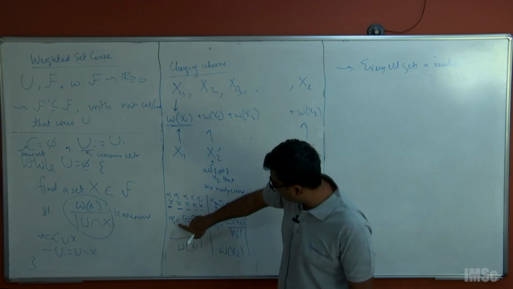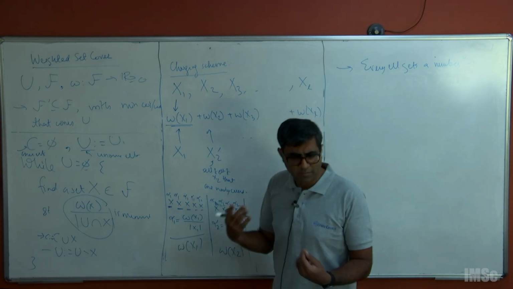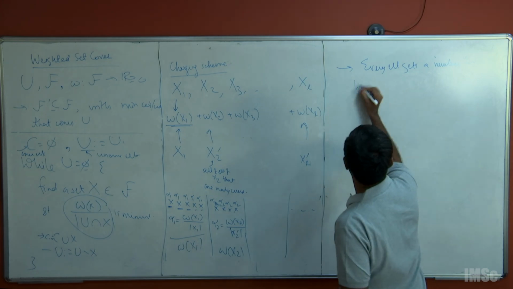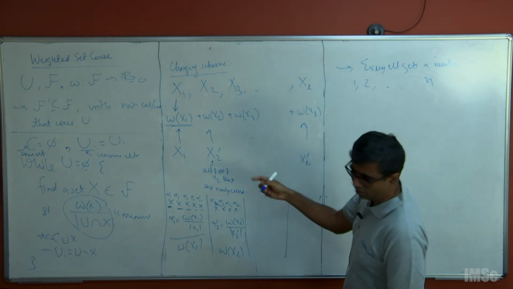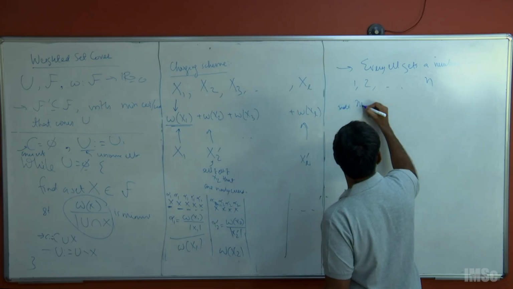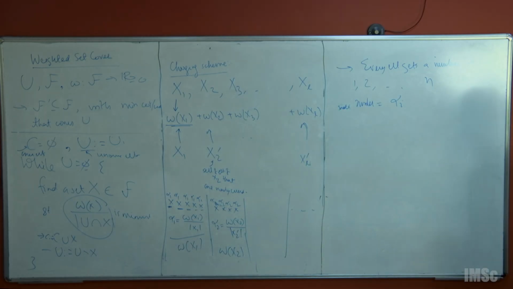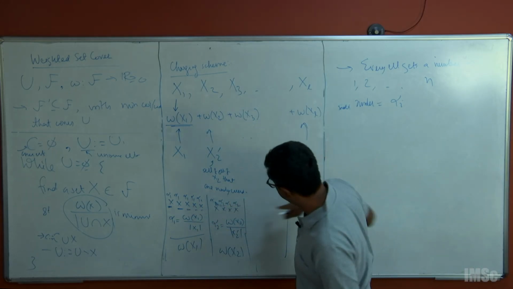These elements got number alpha 1, these elements got number alpha 2. Now suppose my elements are 1 to n; I am going to call their number alpha i.